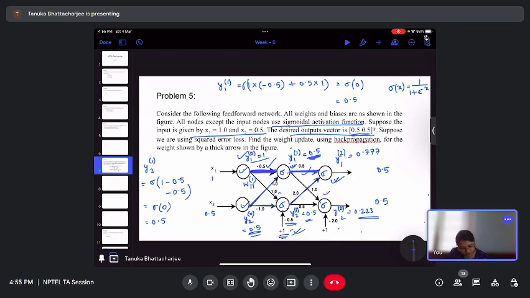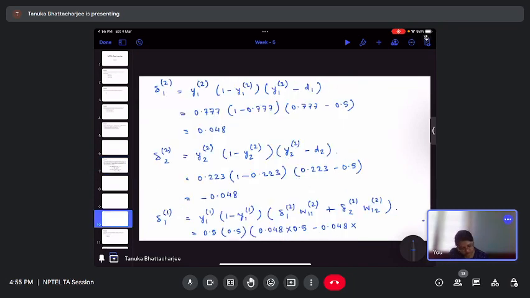So this one, that weight is 1. So if you compute this, you will get minus 0.006. This is your back propagated error at the required node.